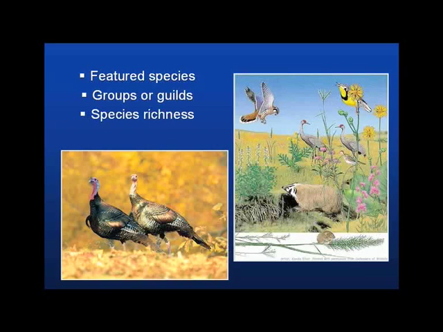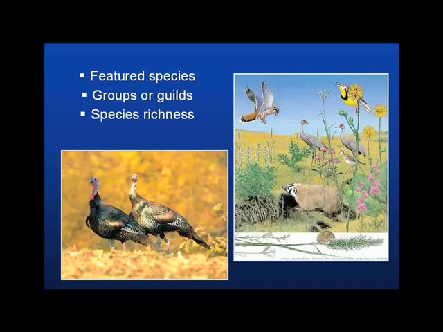And some people are simply interested in species richness, and I probably fall into this category, interested in the greatest diversity of wildlife. What techniques can I employ that are going to give me the largest variety of species visiting a property?